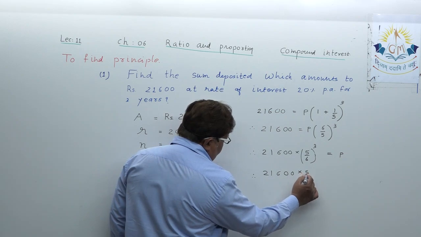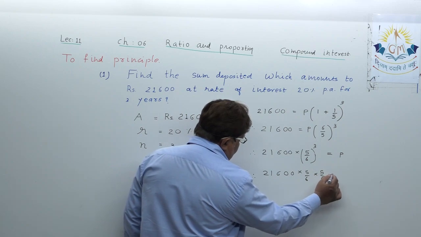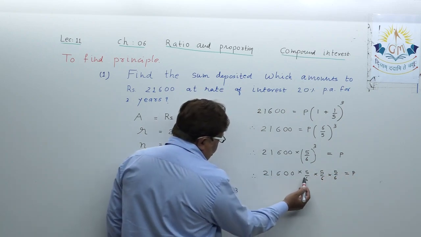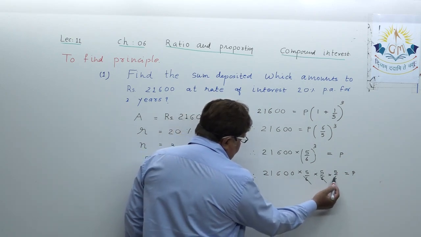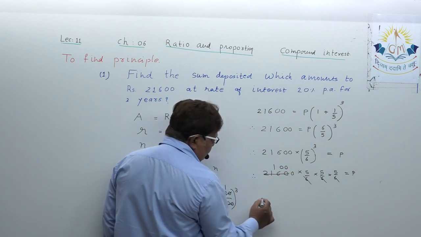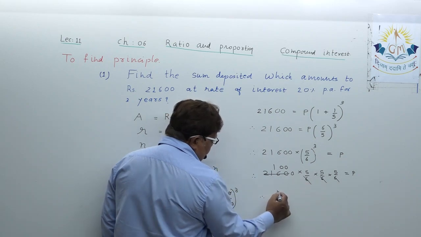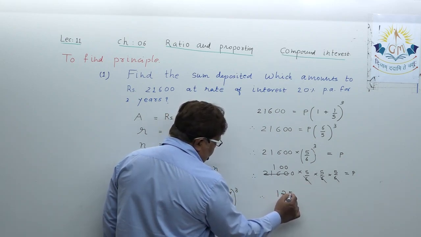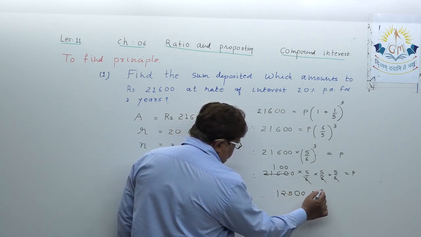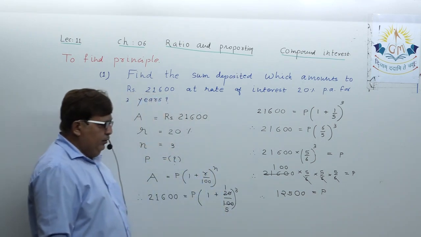Now 216,000, we have to write it 3 times because the power appears there is 3. Just cancel, dear student. 6 cube is already here, 216. So 5 fives are 25, 5 twenty-fives are 125, 100 equal to P. You got the principal already.